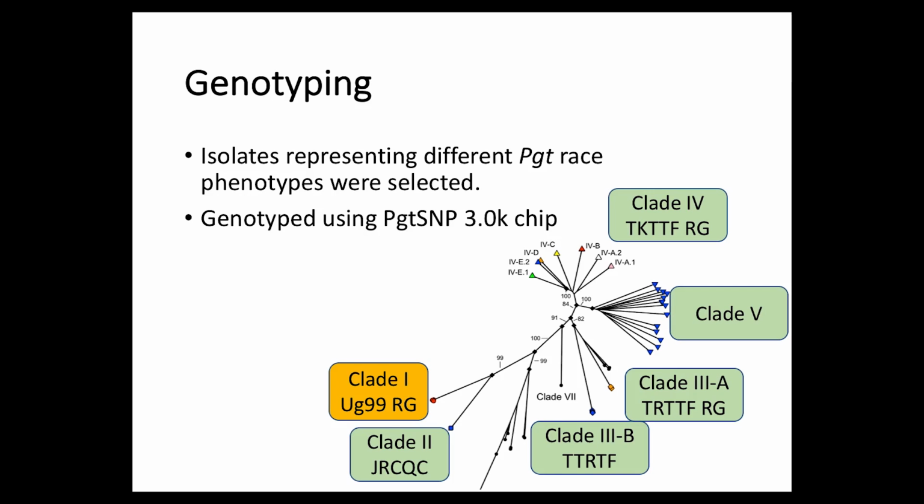This gave us a phylogenetic tree, and these isolates from Georgia and Germany and Ethiopia broke out primarily in what we call clade 4 and a little bit clade 5 and clade 3b.